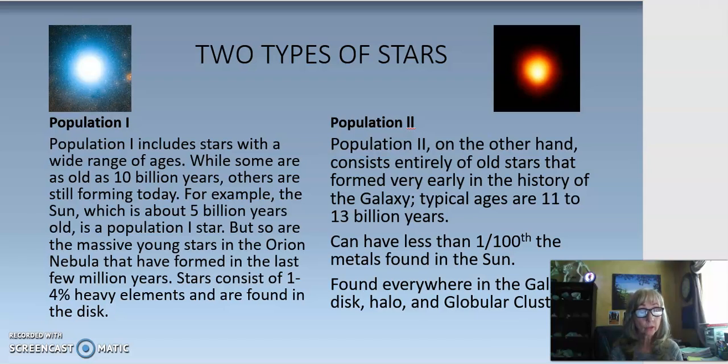Population 2 stars, they are older. On the other hand, they consist entirely of old stars that formed very early in the history of the galaxy. Typical ages are 11 to 13 billion years, and they can have less than 1/100th of the metals found in our Sun. Found everywhere in the galaxy, disk, halo, and globular clusters. So you can remember population 2 stars are older because a 2-year-old is older than a 1-year-old.